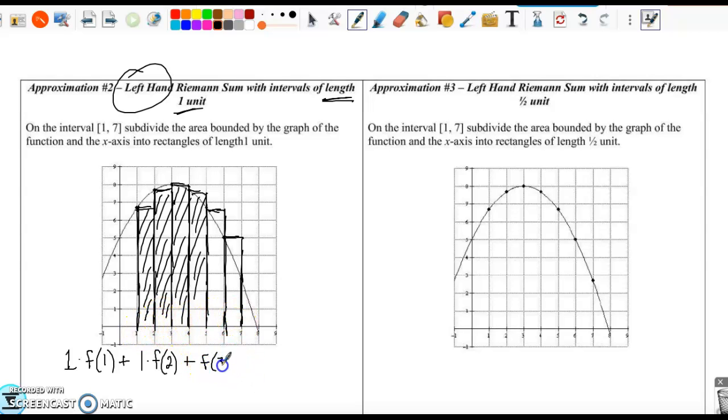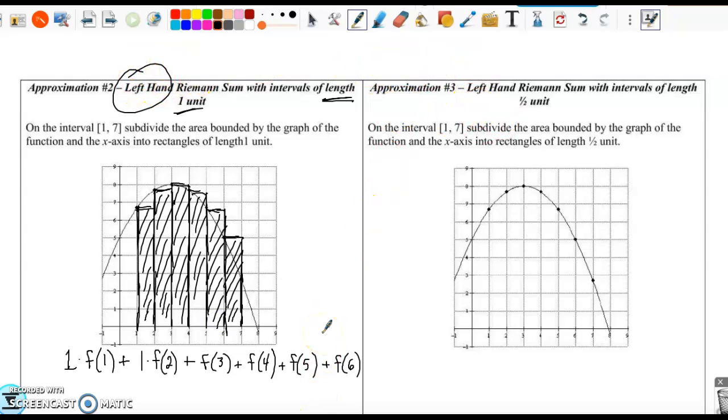So basically, the area under the curve is going to be all of these values. And notice that I'm not including f of 7. Well, why not? Well, f of 7 only happens on the very last rectangle, and it's on the right side of the last rectangle, which is not included on the left-hand Riemann sum.